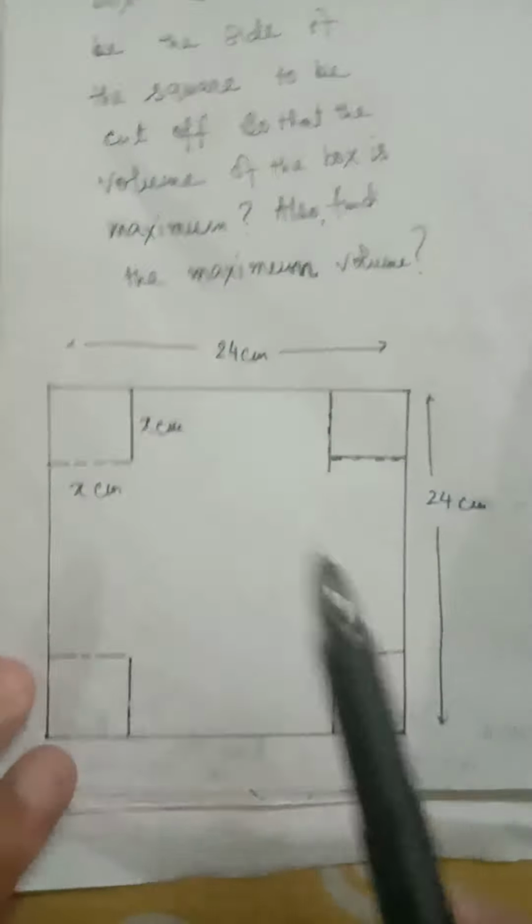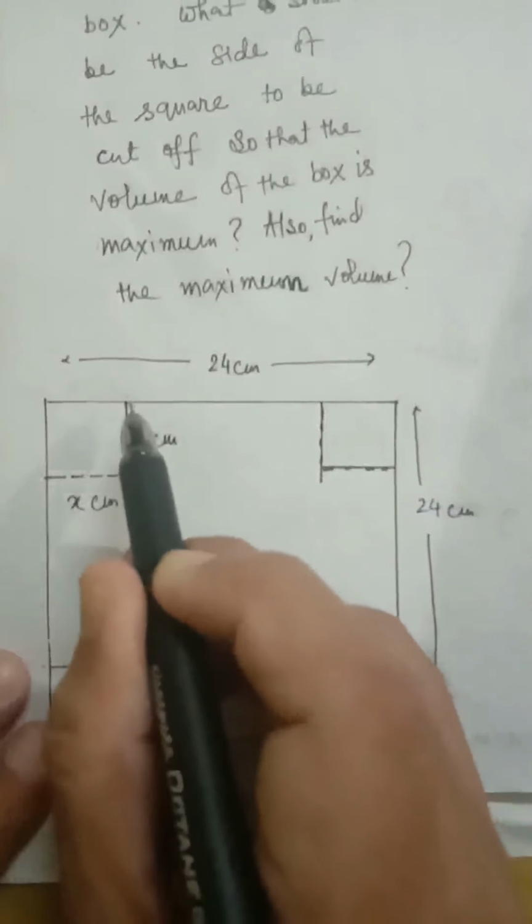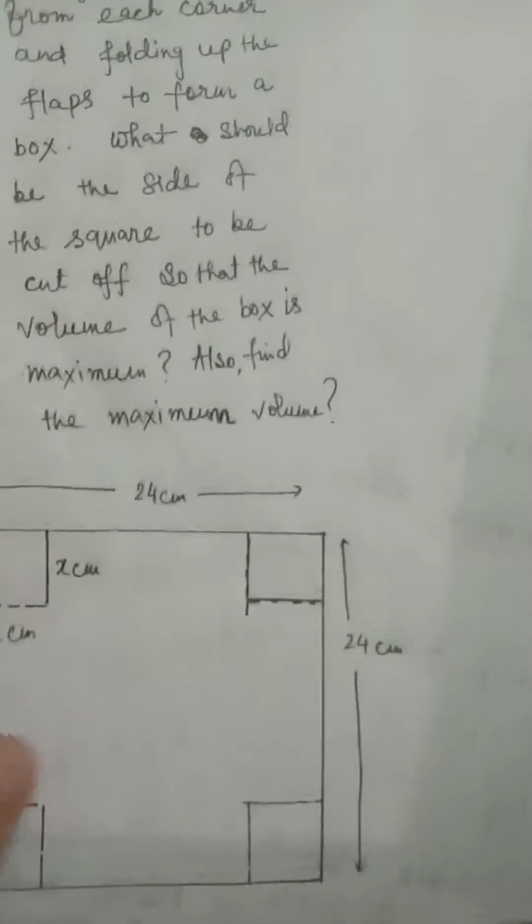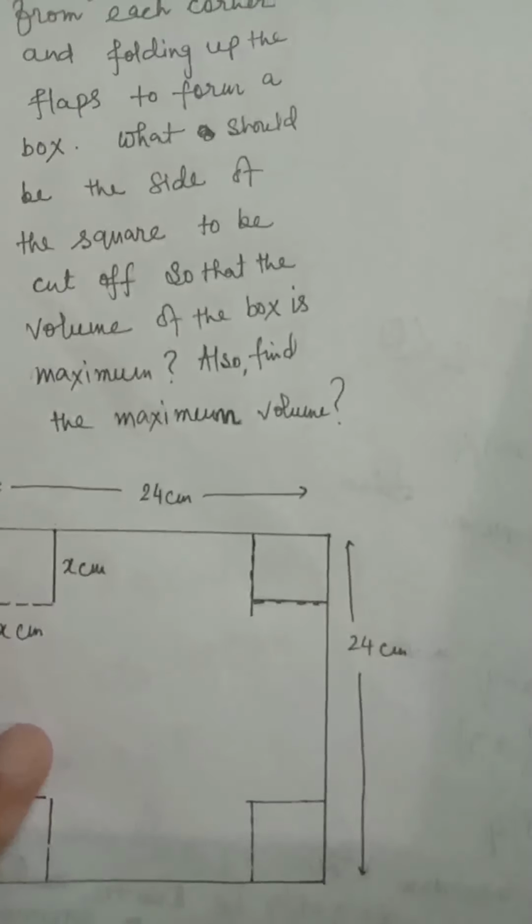So if we remove a square of side x centimeter from each corner and fold the flaps, we will get a box which is open at the top.